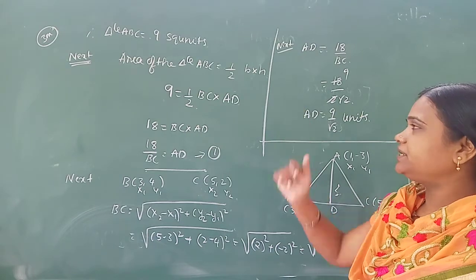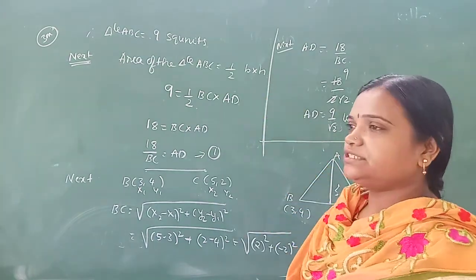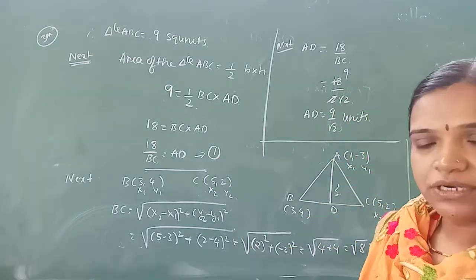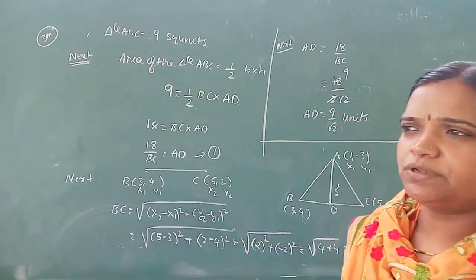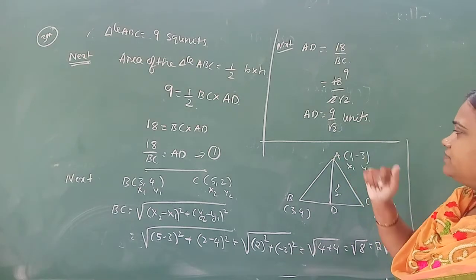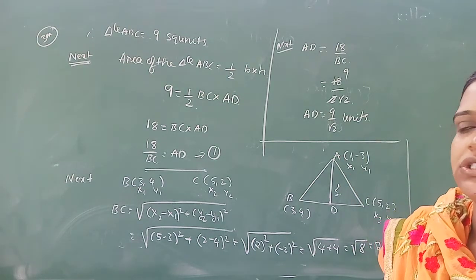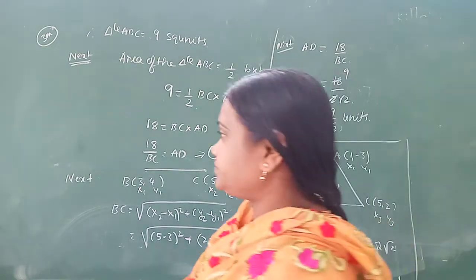Later onwards apply area of the triangle ABC is half base into height. Substitute the values. Now we get AD, nothing but height. And for BC we apply the distance formula and simplify, we get 2 root 2, and substituting the values, we get AD is 9 by root 2 units. In this way we calculate.